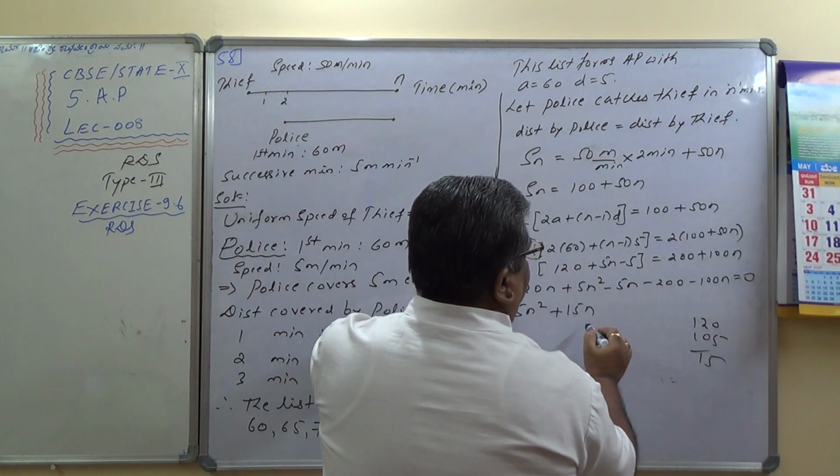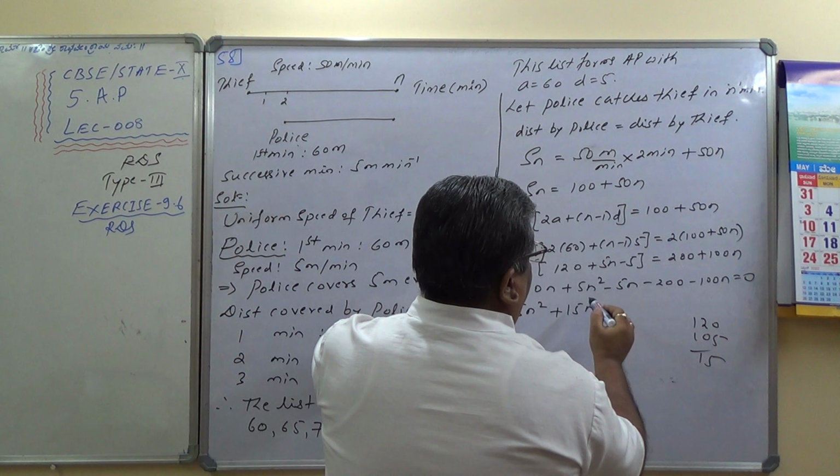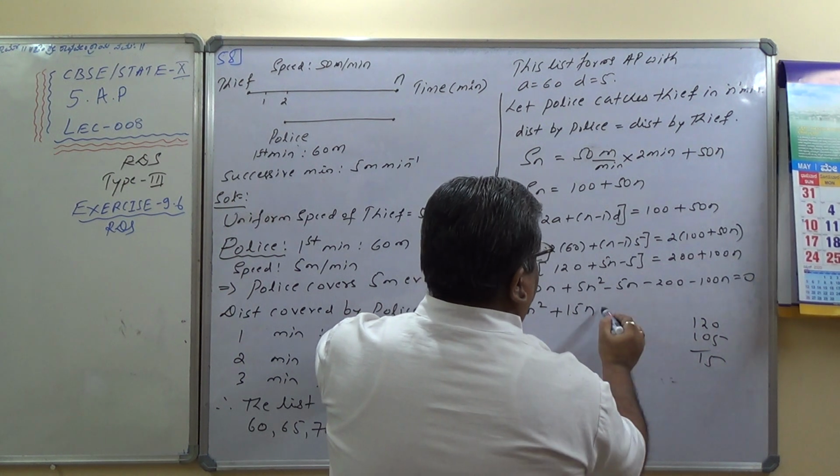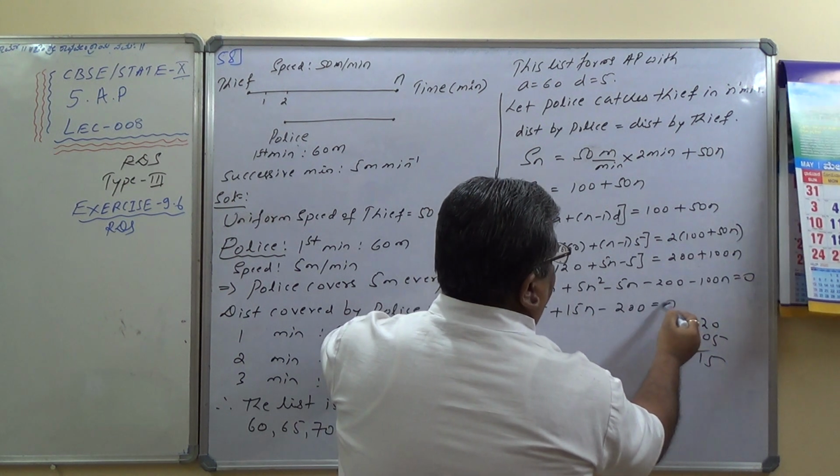So 5n square plus 15n minus 200 equals 0.